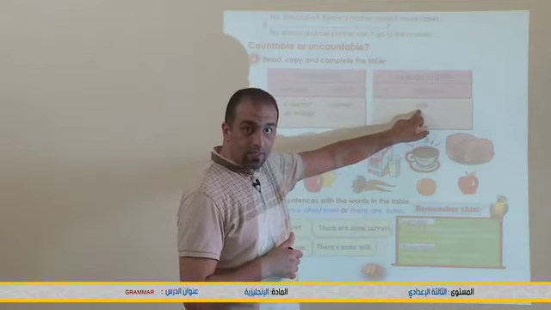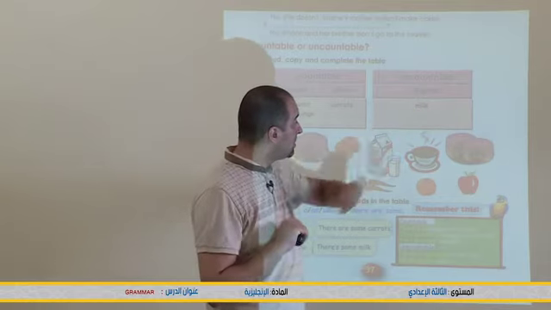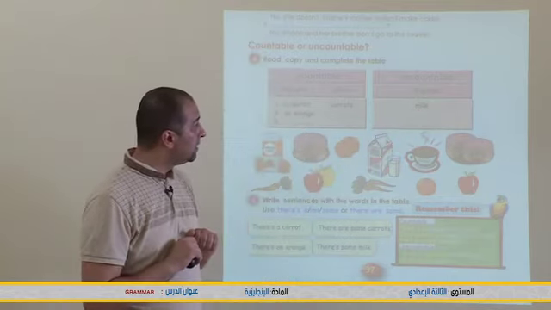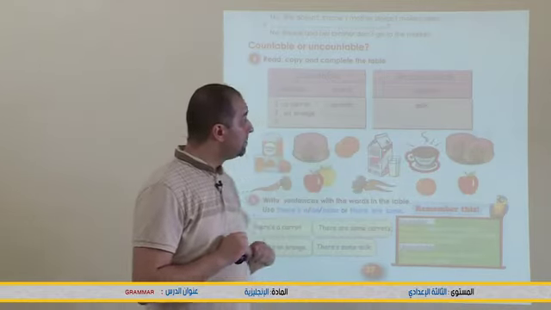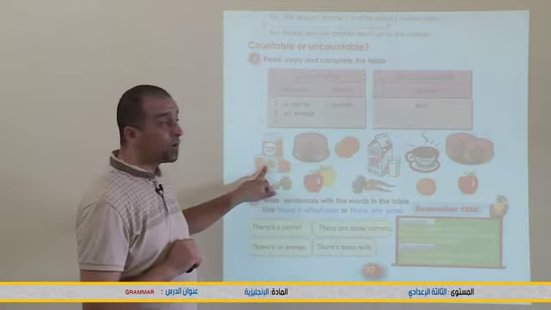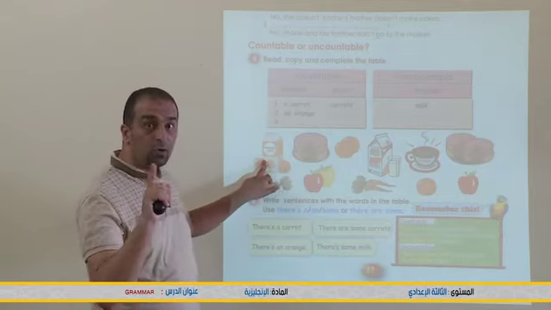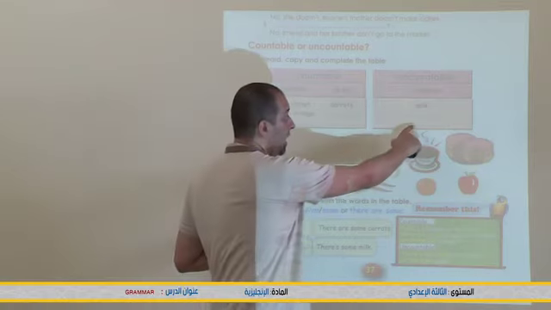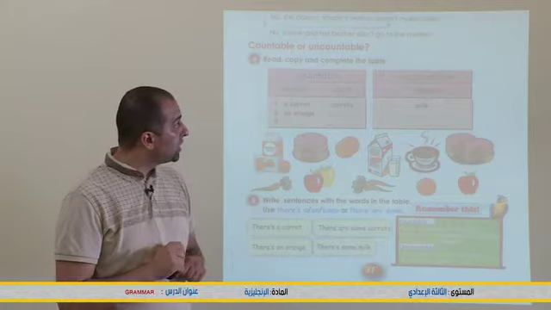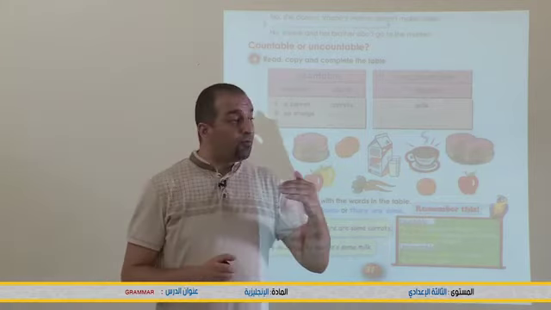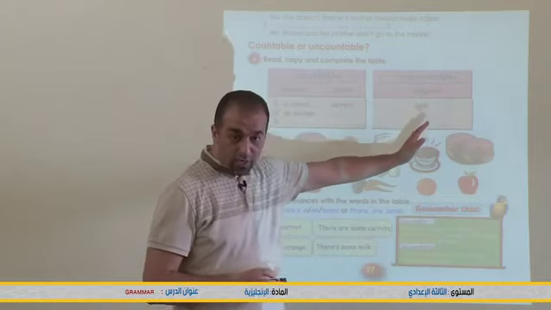So we have this example of milk, because we cannot say milks, it's false. So milk. Also we can say here coffee and orange juice. Not orange or oranges, but we're talking about juice, which is uncountable. So I'm going to show you my chart with other food and drinks which are either countable or uncountable.